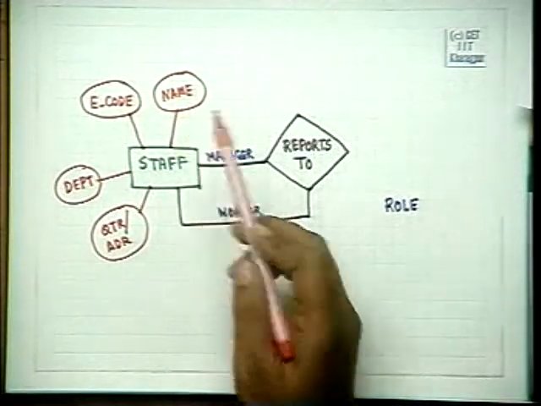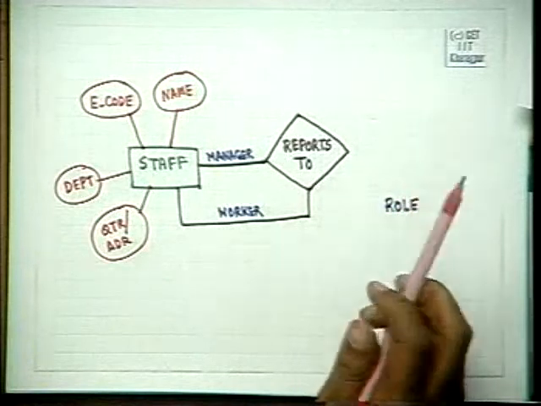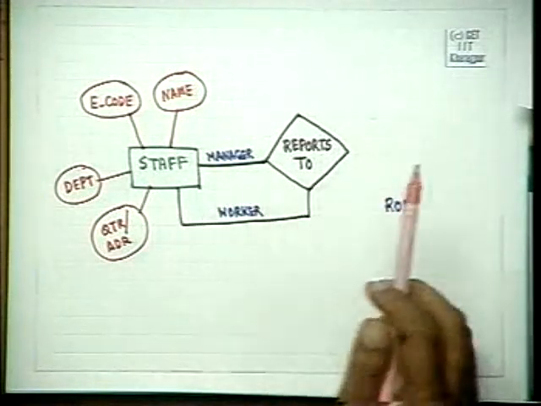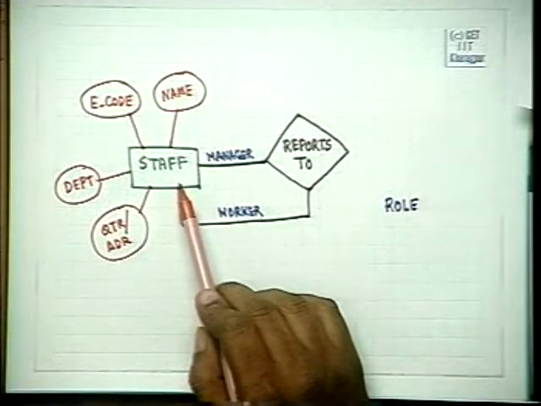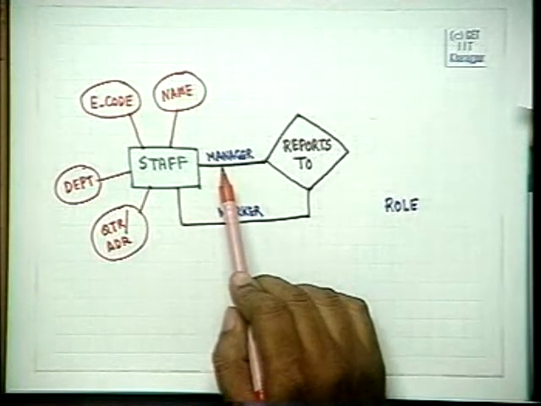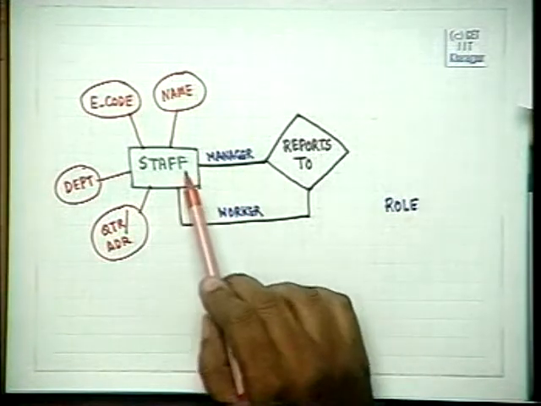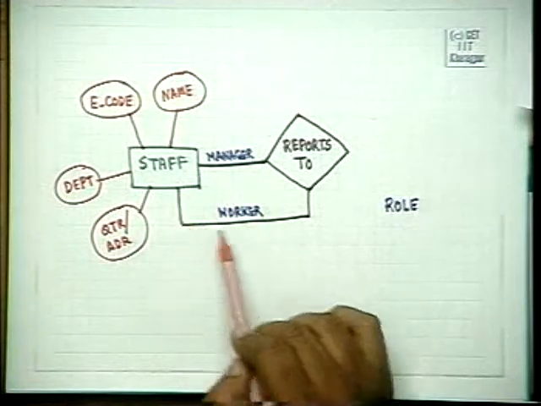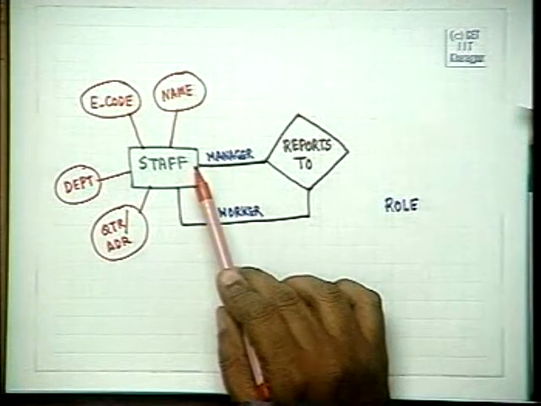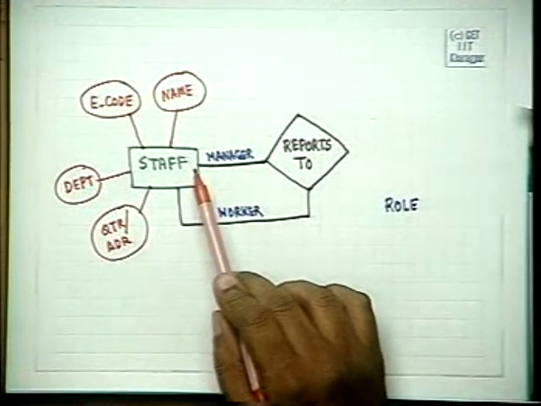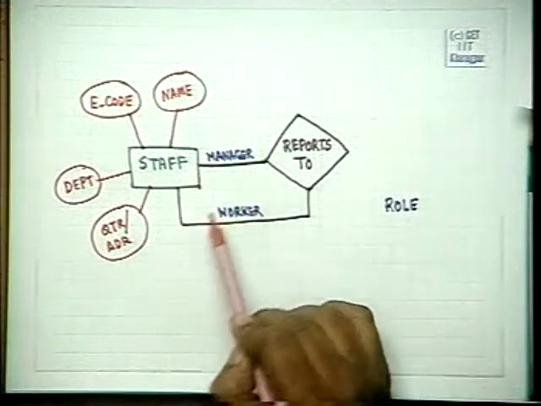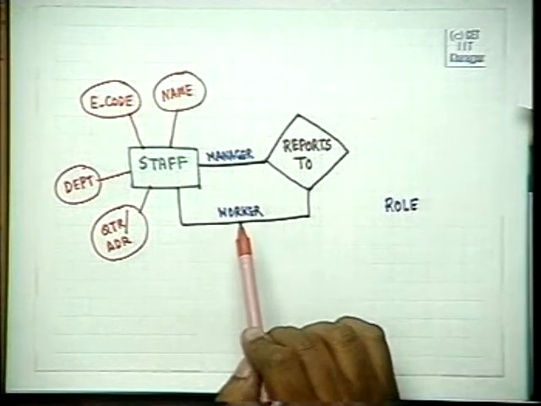But in order to identify which is whose attribute, because it is between the same entity set, we have to identify the role, that this is the manager, that means this person reports to this person.